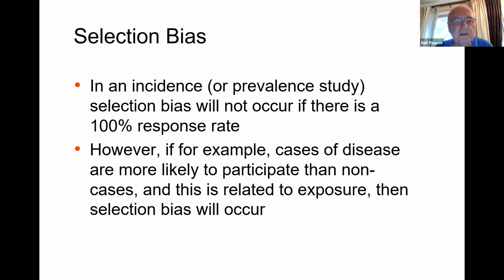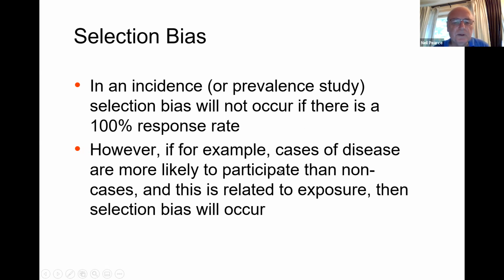So selection bias, by this definition which I've just given, if we define the population and we're doing a cohort study or incidence study, so we're following everyone over time, and we get 100% response rate and we don't lose anyone, then you can't have selection bias. You may have other problems, but if you just study everyone and they all agree and you have information on everyone, then selection bias is not a problem.